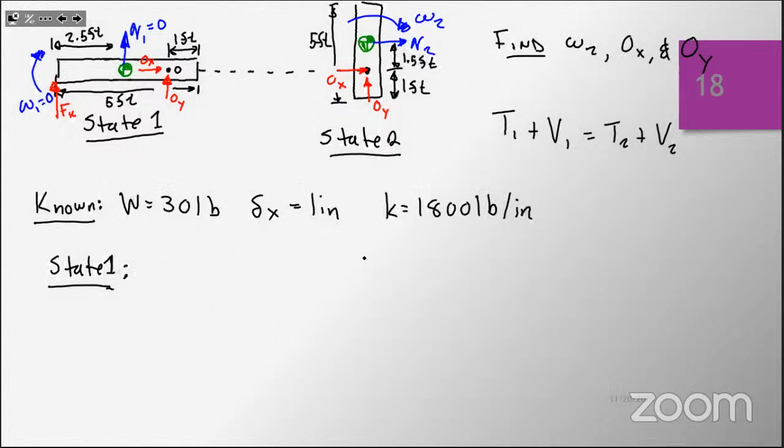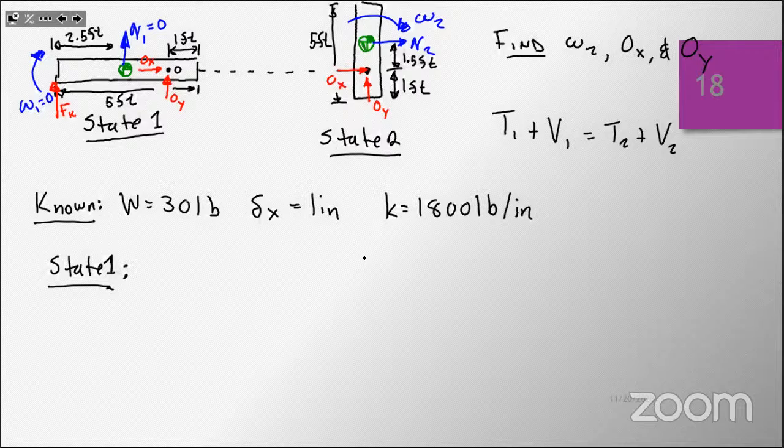So at state 1, do we have any kinetic energy? That's the formula for kinetic energy, one half m v squared.